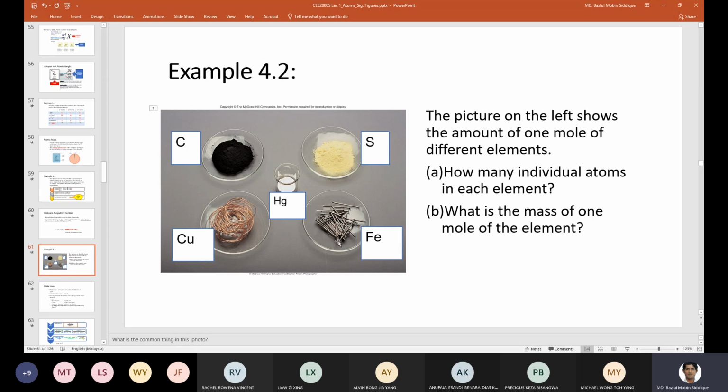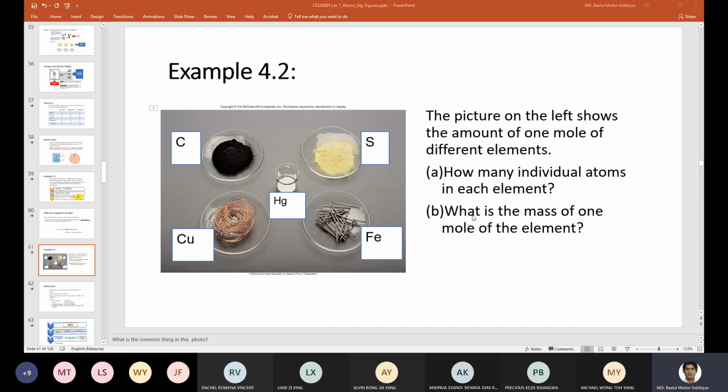In one atom, mercury is having how many? Let me check on the periodic table. I cannot find it now. Mercury is 80, yeah?